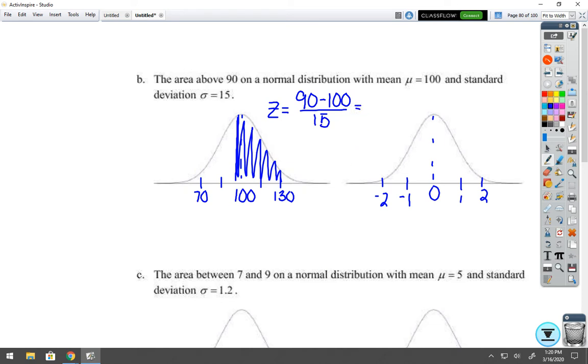You should notice now you're going to get a negative value, and your z value is negative 0.67. We go by and find 0.67, which is approximately here, and we shade everything to the right. Completely normal value because I am within, actually, 1 standard deviation to the left. I am very close to what I feel is the center of this data.